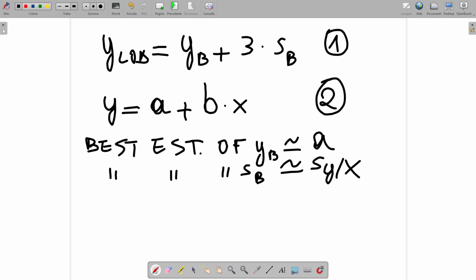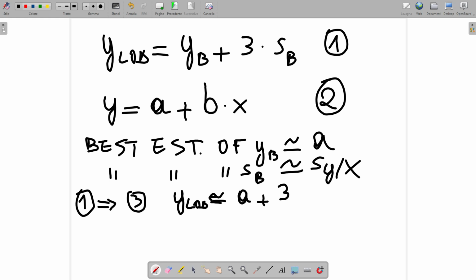This means that from equation 2, we obtain equation 3, that is, from equation 1 we obtain that YLOD is approximately equal to the intercept plus 3 times the standard deviation of regression. Okay?